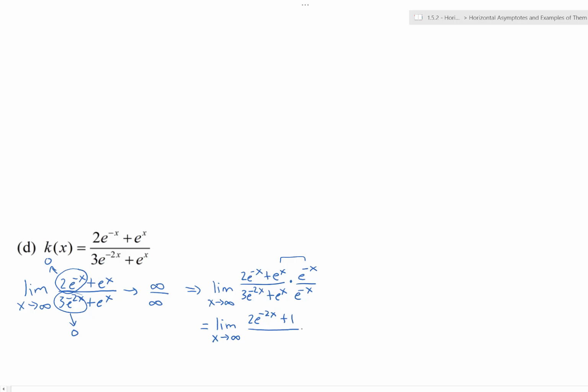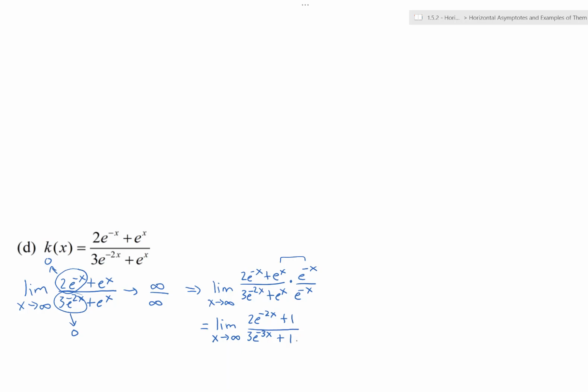In the denominator, 3e to the negative 2x times e to the negative x is 3e to the negative 3x now. And then we'll also be left with a plus 1 here as the last term, e to the x times e to the negative x. So it's kind of a similar technique, right? In the other examples, when we had powers of x, we were multiplying numerator and denominator by 1 divided by x to some particular power.